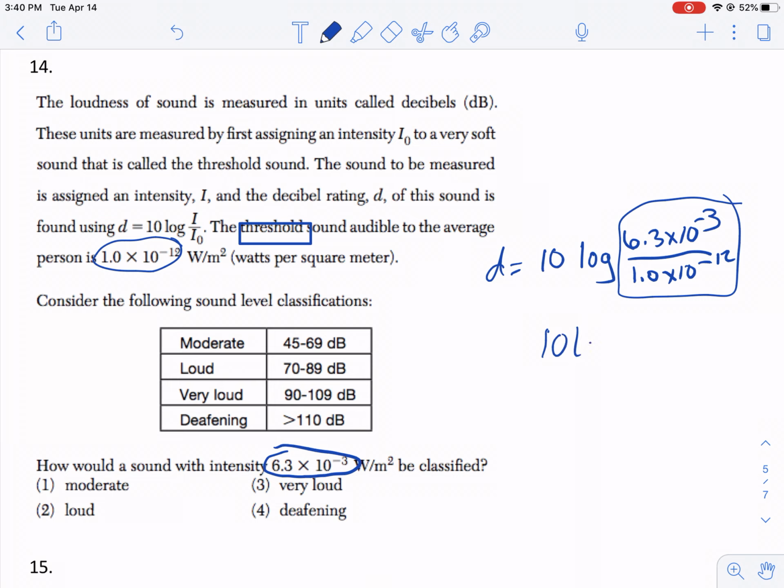And so now I have 10 log of 63 and 8 zeros. So now I'm going to type in 10 log second answer. And I'm getting 97.99, and that would make it very loud.